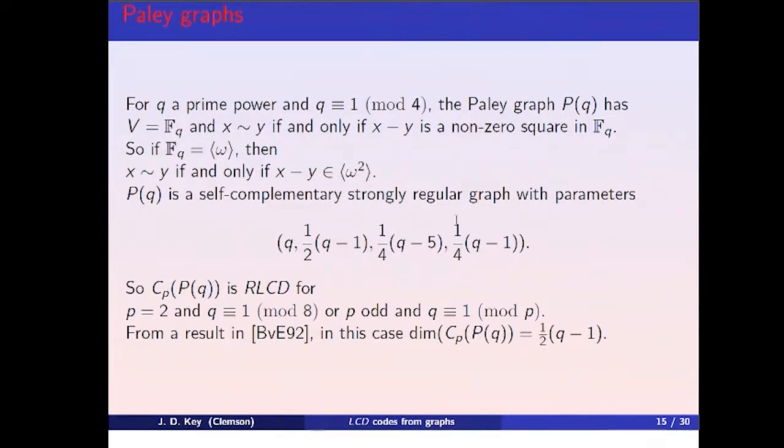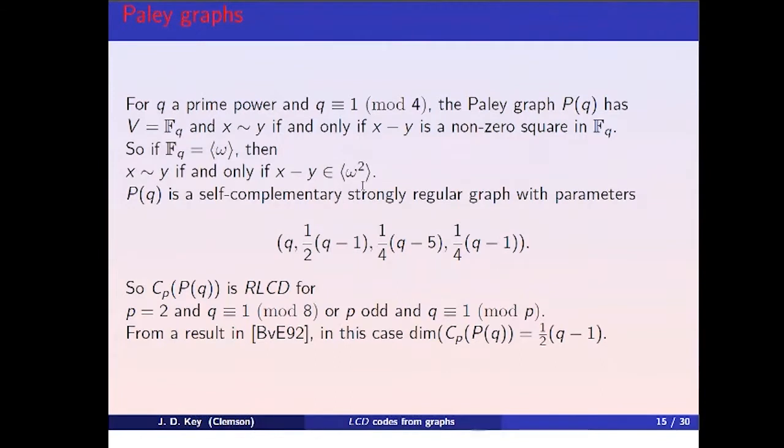And going back to what we just proved about when they are RLCD, for P is 2, you just need Q congruent to 1 mod 8. Q is always odd, by the way.